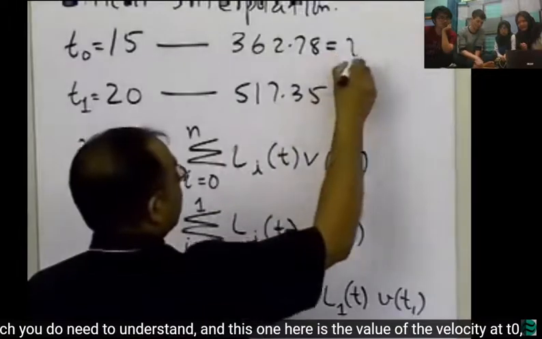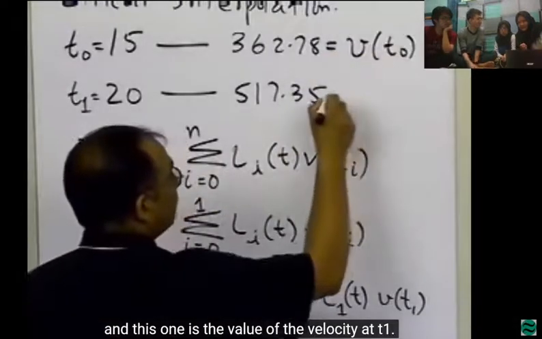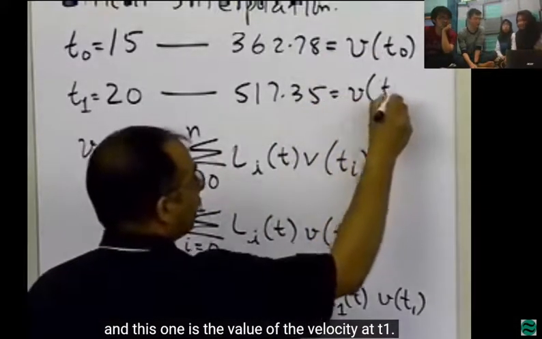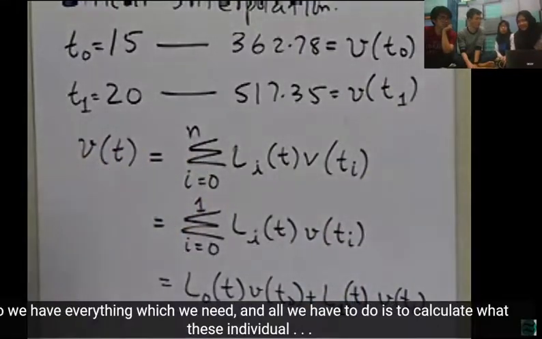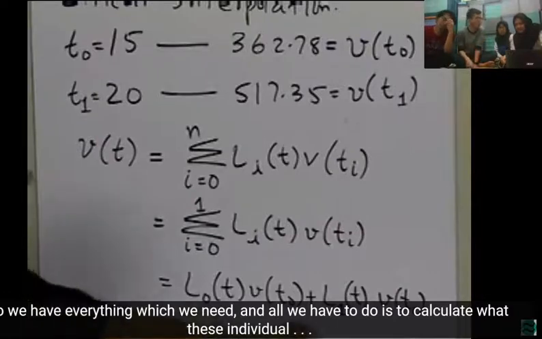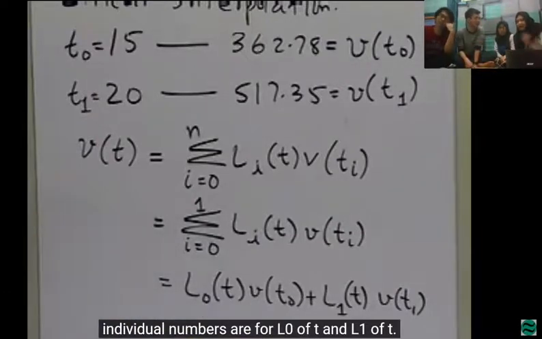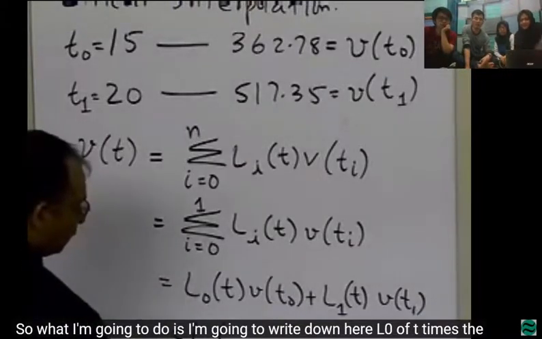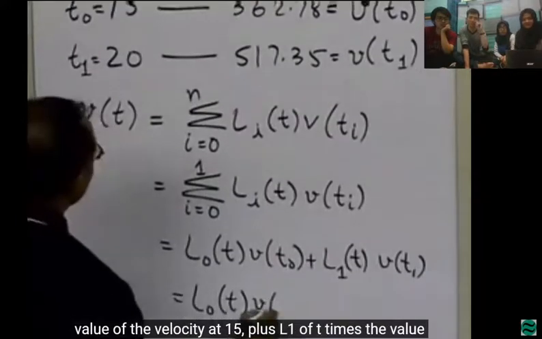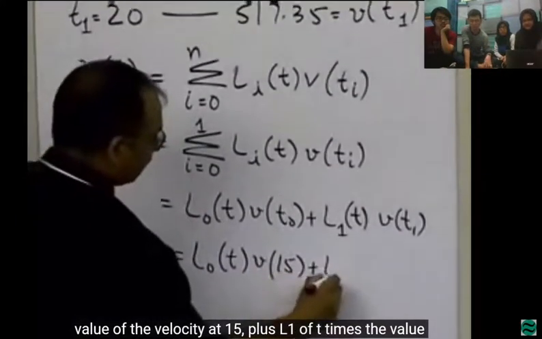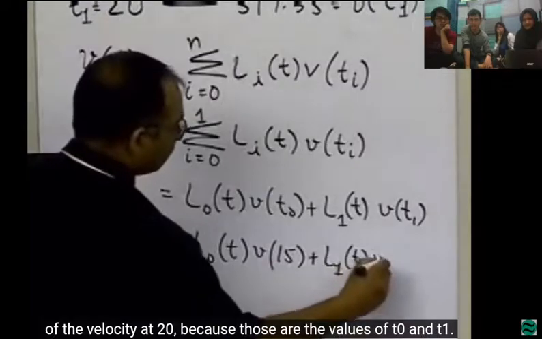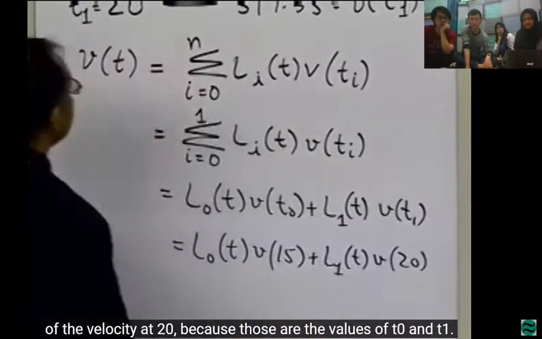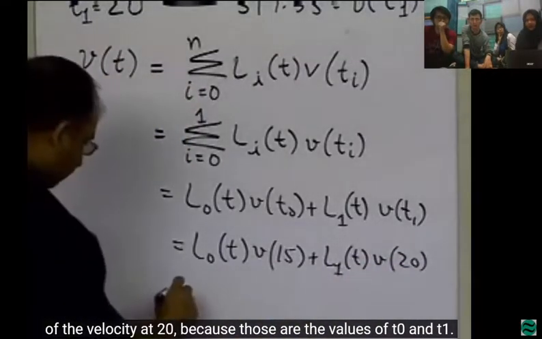And this one here is the value of the velocity at t naught, and this one is the value of the velocity at t sub 1. So we have everything which we need, and all we have to do is calculate what these individual numbers are for L naught of t and L1 of t. So I'm going to write down L naught of t times the value of the velocity at 15 plus L1 of t times the value of the velocity at 20, because those are the values of t naught and t sub 1.